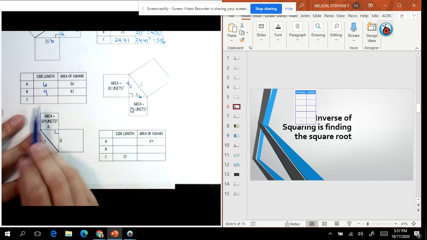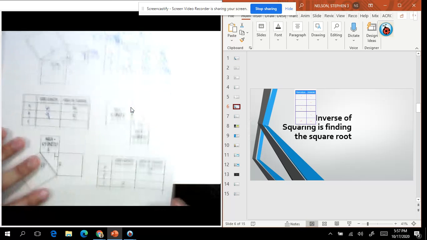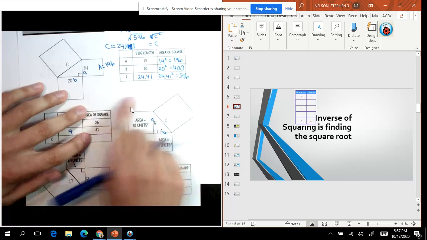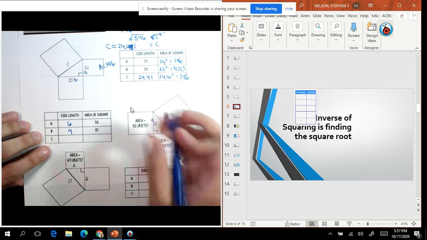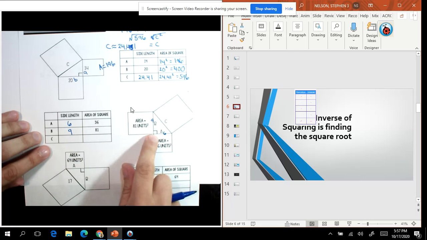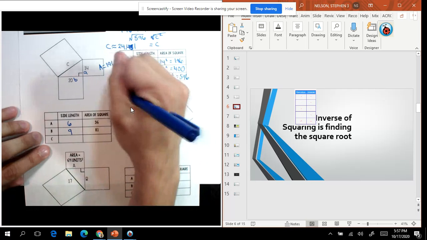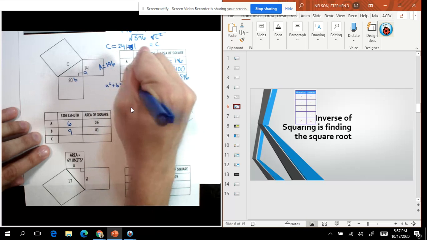Now it wants us to find the length of C. We can do that with the Pythagorean theorem. So I'm going to write kind of up right here for this one. Remember, our first step is to write out the equation and identify our A, B, and C. So now we're going to write out A squared plus B squared equals C squared.